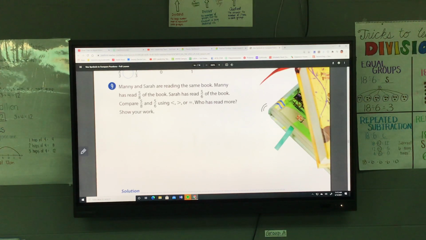If you're doing models, do they need to be the exact same size? Yep, so make sure that they're the same size. You can't compare a square to a rectangle.